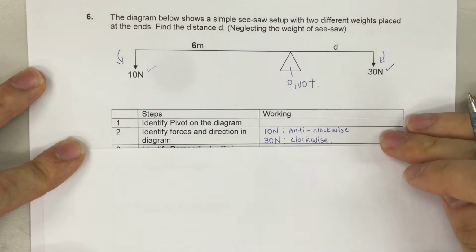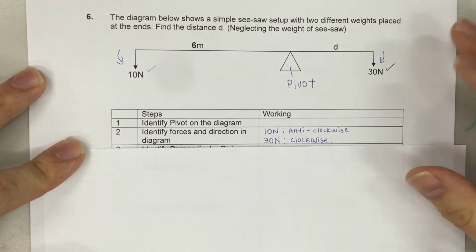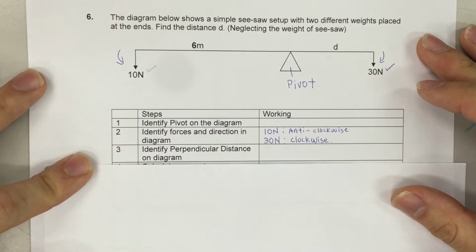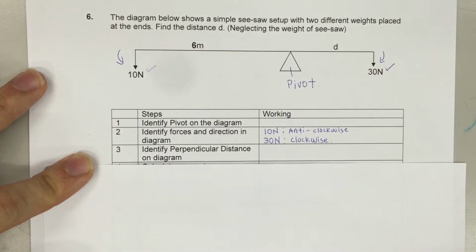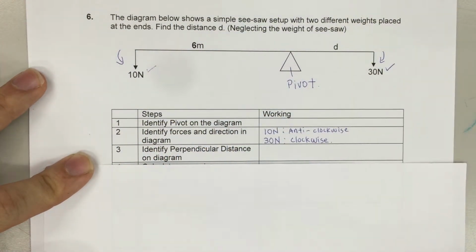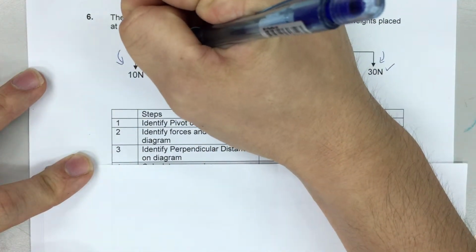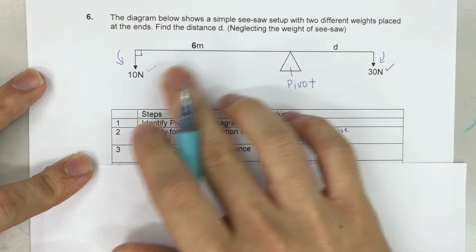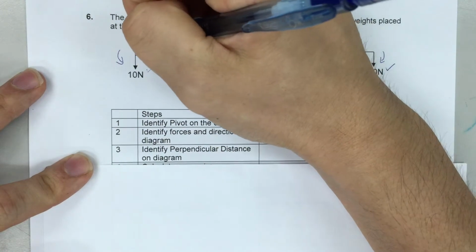Once we have finished step 2, we will move on to step 3, where we need to identify the perpendicular distance on the diagram. From the diagram here, which ones are the perpendicular distances for the two forces? Let's start off with the 10 Newton. As you can see, the 6 meter forms a right angle with the 10 Newton force.